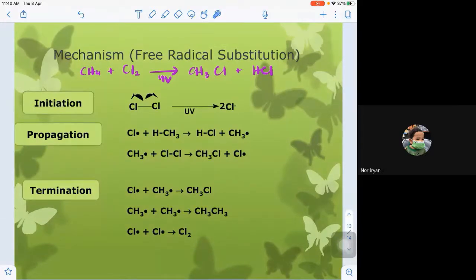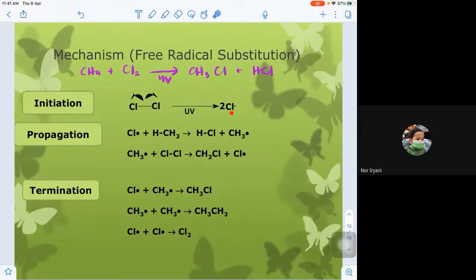So what happens is, the initiation step is where the cleavage occurs in the halogen. This is the step that requires UV just now. If there's no UV, no cleavage occurs. These two atoms of chlorine from our halogen will undergo homolysis, so that in the presence of UV it will produce two radicals of chlorine.